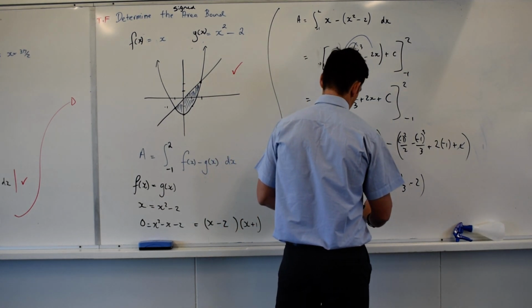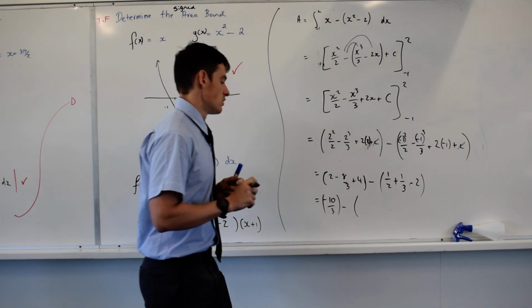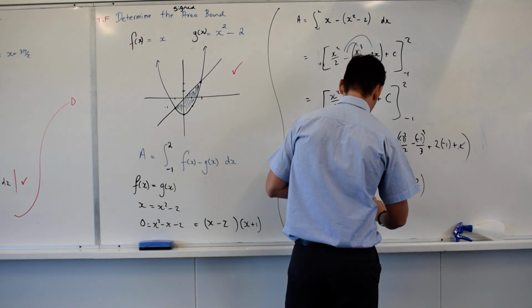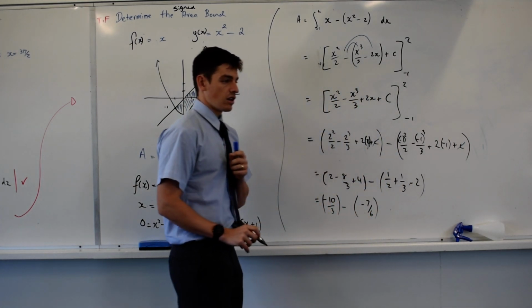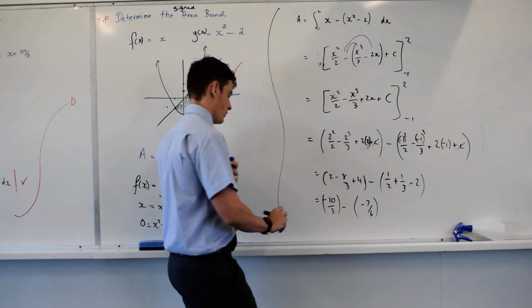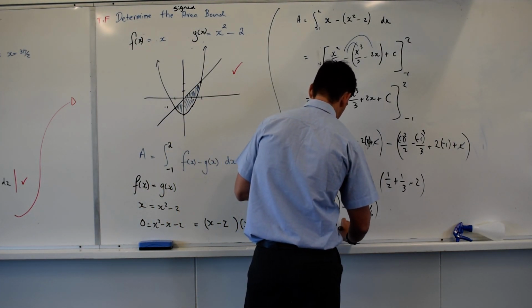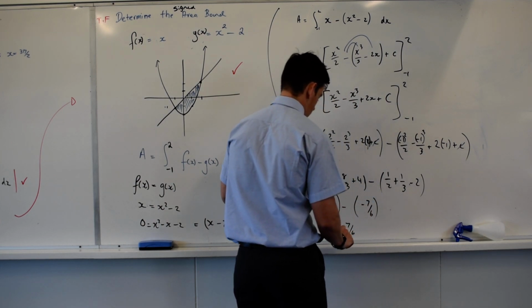Minus, that'll be 5/6 minus 7/6. Is that correct? Which gives us -20/6 plus 7/6.